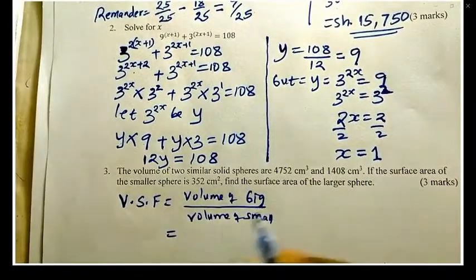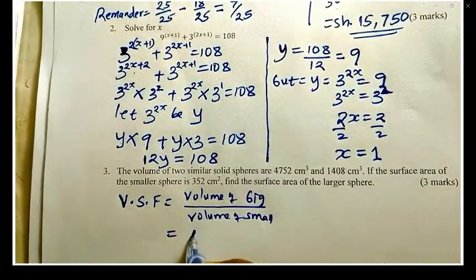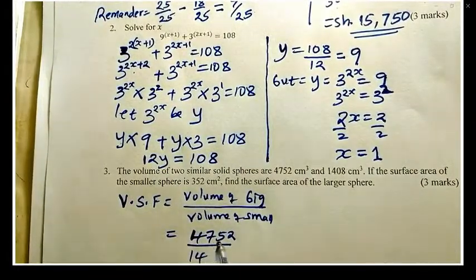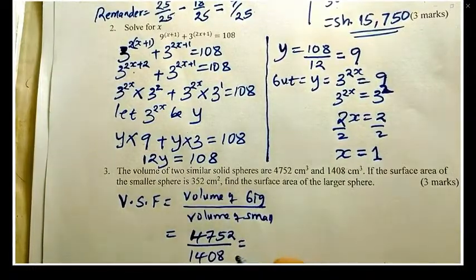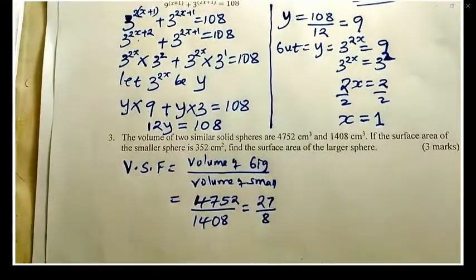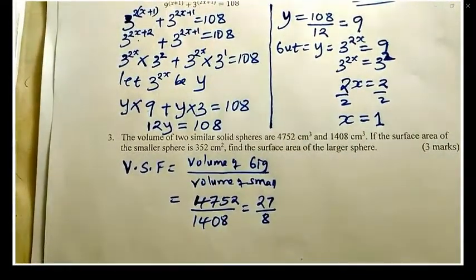So this one gives us 4752 divided by 1408. This one will give us the volume scale factor, which is 27/8.